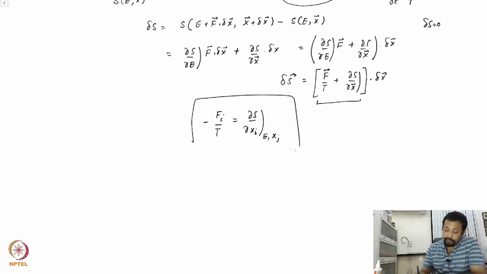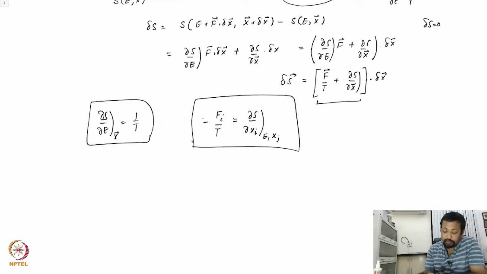So we have now identified the derivatives of S. Del S del E at x held constant was 1 over T, which we saw in the zeroth law, and this is the one we see that if we allow any variation in the coordinates, then my delta S is going to be like this, but since it's an equilibrium, it's a joint equilibrium, the delta S has to be 0, otherwise you are allowing a spontaneous change.